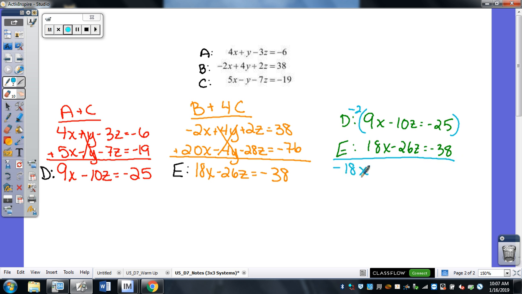So we have negative 18x plus 20z equals a positive 50. The second equation stays the way it is, but again, line up x's, z's, and numbers.